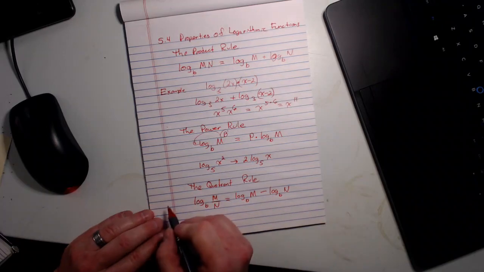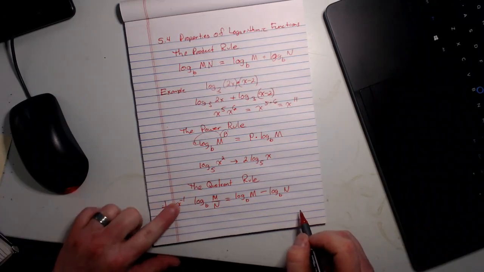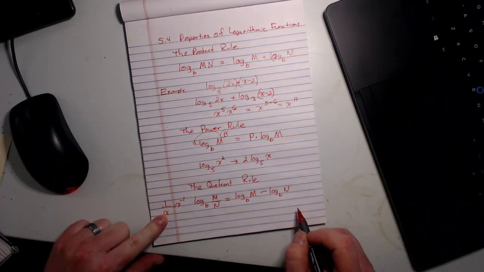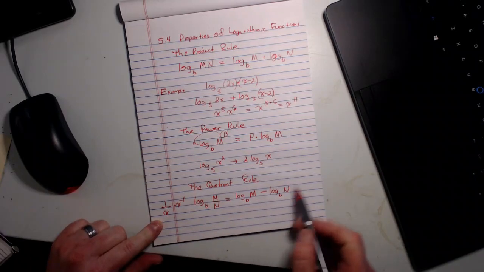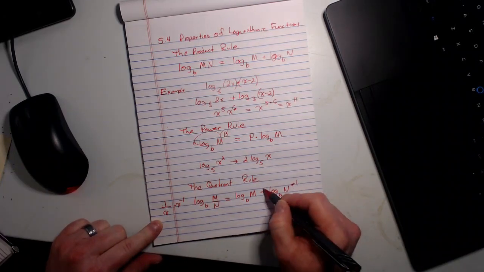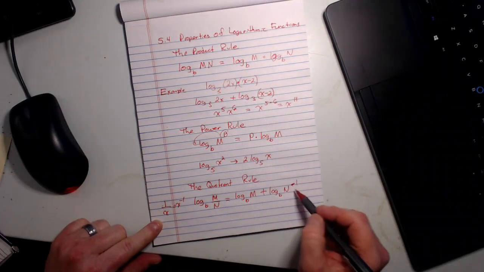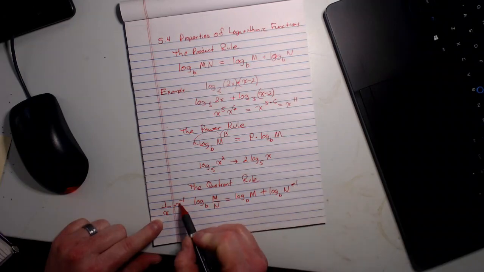Subtraction here, because remember that if you had 1 over x, you could write that as x to the minus 1. And so that's why this one works, because we have this negative exponent, as you could think of n to the negative 1, and you have a plus sign here. And so it's just like the product rule, except it's a negative sign here because we have a negative exponent rule.